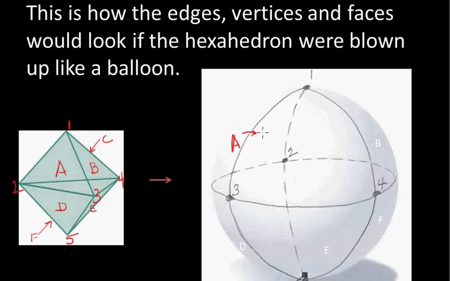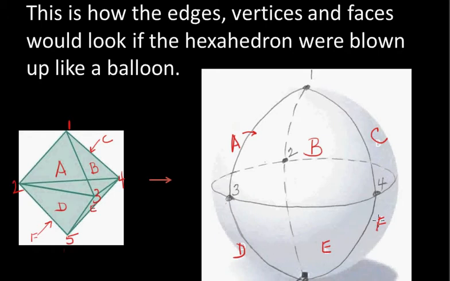So 1, 3, 4 is B. And this one is C. Down here, let's see, from 2 to 3 to 5. 2, 3, 5. That's D here. And this front face that we're looking at is 3, 4, 5, and 3, 4, 5 is E, and this will be F.